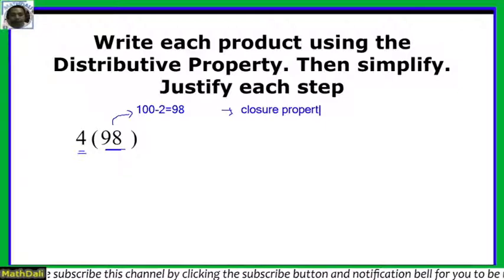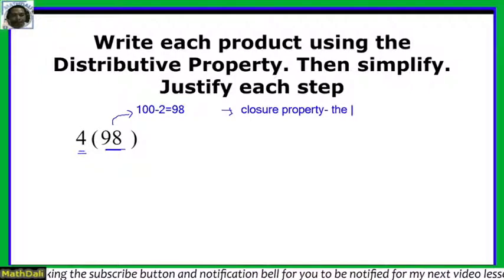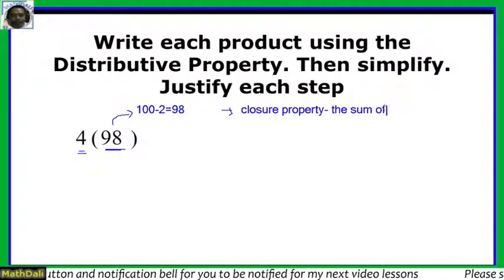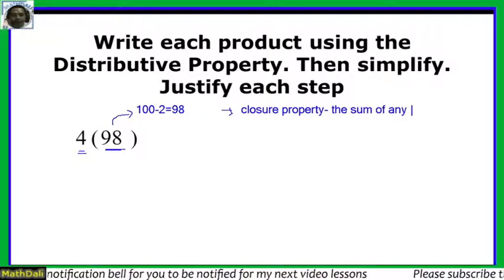Dagdag ko na lang. Pag sinabi natin closure property, the sum of any number, any real numbers.